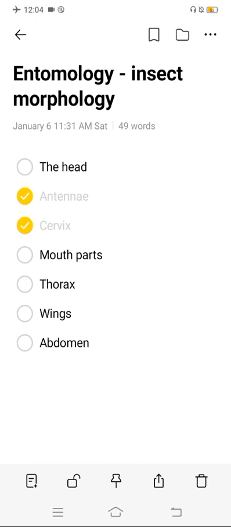The mandibles we mentioned. Next is about the maxillae.